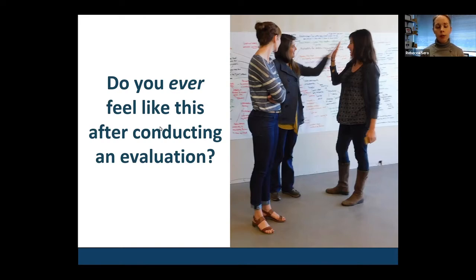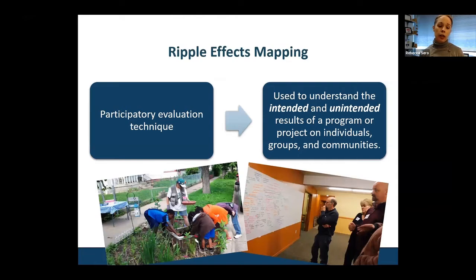in-person one. We believe that ripple effects mapping is exciting and engaging and allows people the opportunity to collect information in a participatory way. So it is a participatory evaluation technique. And one of the key pieces of ripple effects mapping is that it's used to understand both the intended and unintended results of a program or a project.